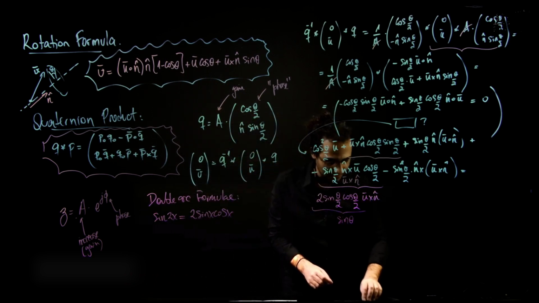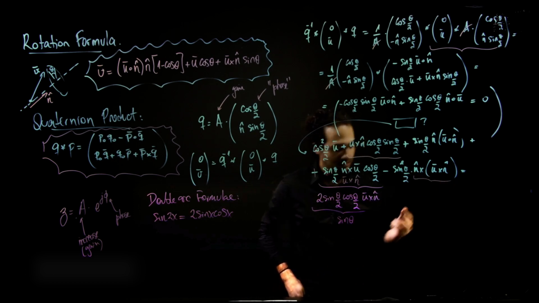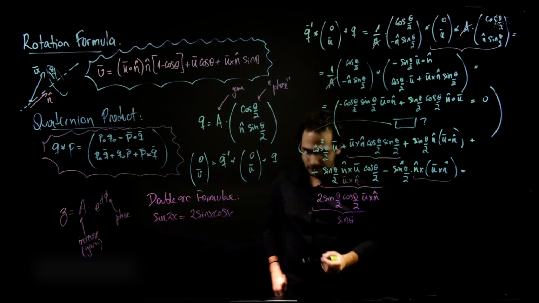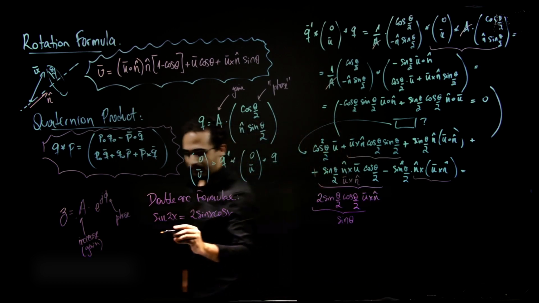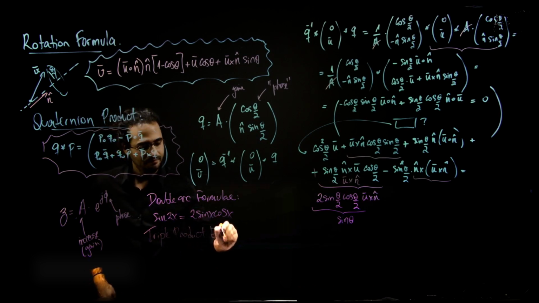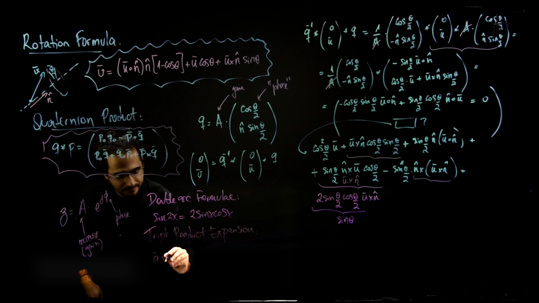So the other term that I want to work a little bit is this one over here. This is what is called a triple product, and there is a formula that could help us a lot here, which is called the triple product expansion. The formula in general is given by this.